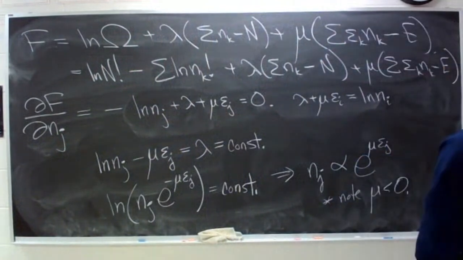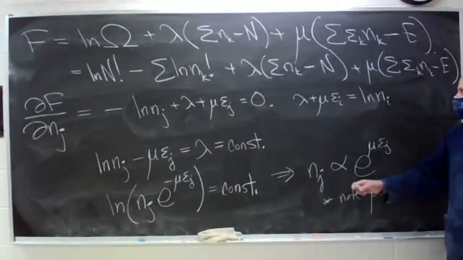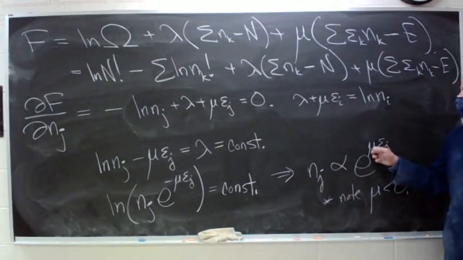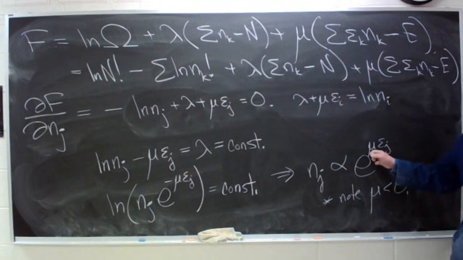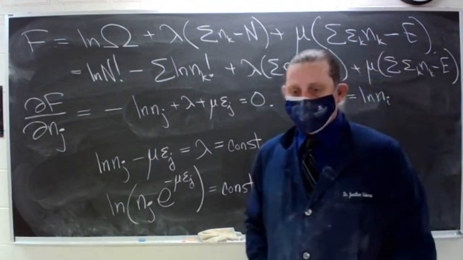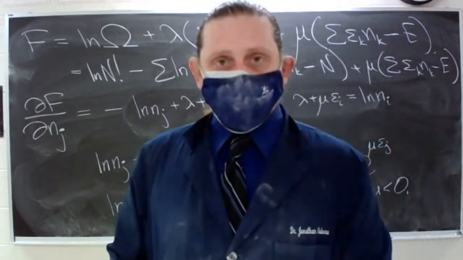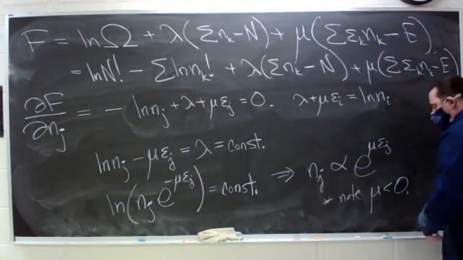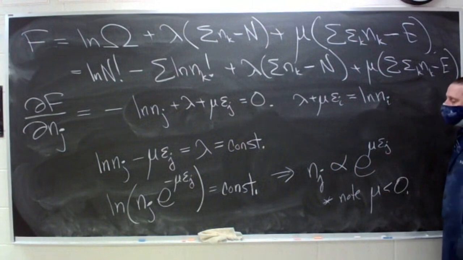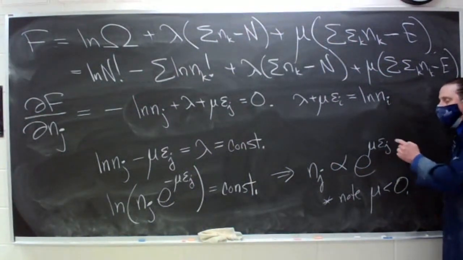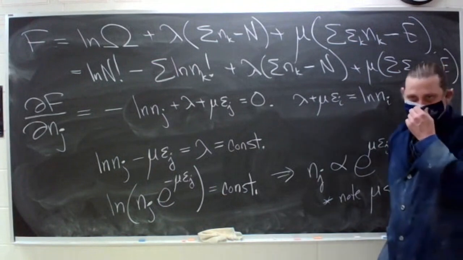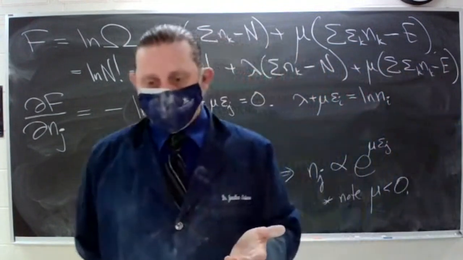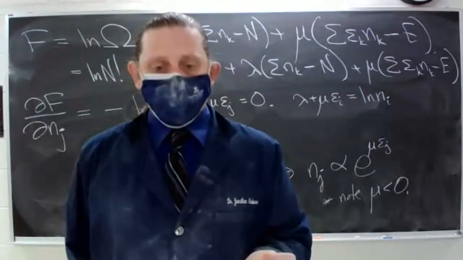But what we'd like to do now is figure out what it is that this mu represents. So we find that the number of atoms in a particular state is exponentially dependent on the energy that state requires.